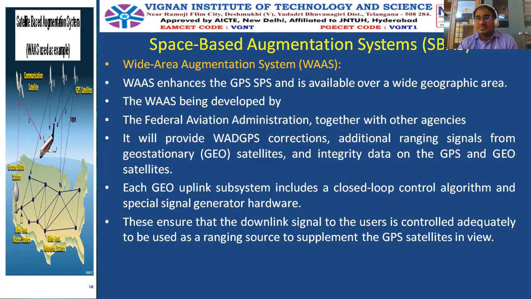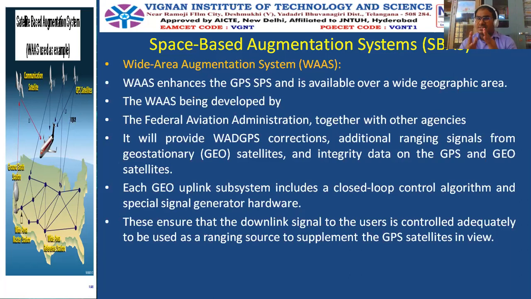What will it provide? It will provide the wide area GPS corrections, additional ranging signals from geosatellites, and integrity data on the GPS and geosatellites. See, WAAS is doing some additional things. That is, it will provide the wide area GPS correction, additional ranging signals from the geosatellites, and integrity data on the GPS and geosatellites.